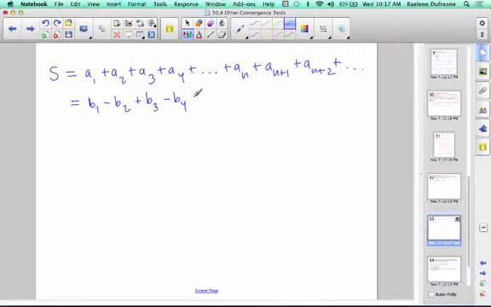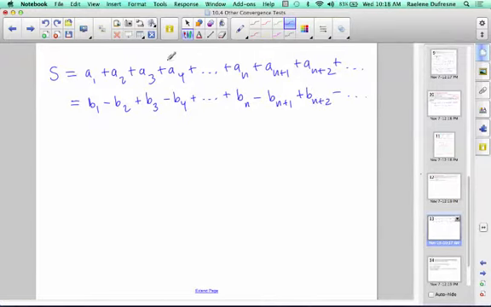So we can write some terms here. I'll put plus bn here. I don't know if n is odd or even, so I don't know if this is positive or negative. But then if this is plus bn, this is minus bn plus 1, plus bn plus 2, minus dot dot dot.